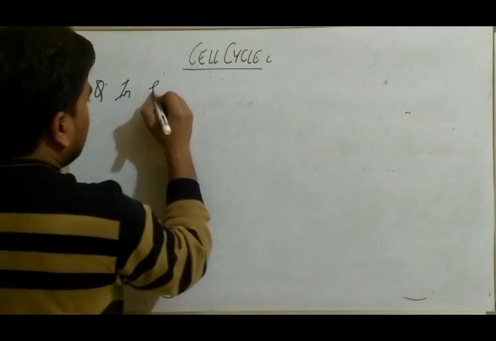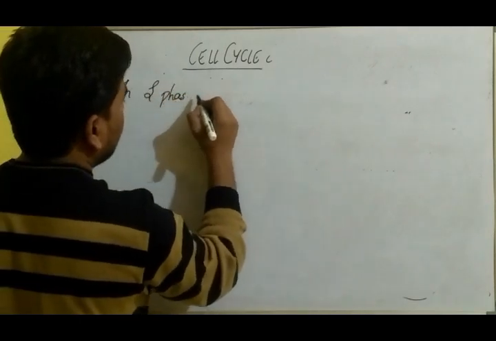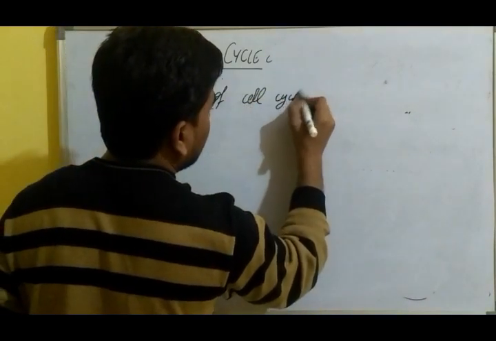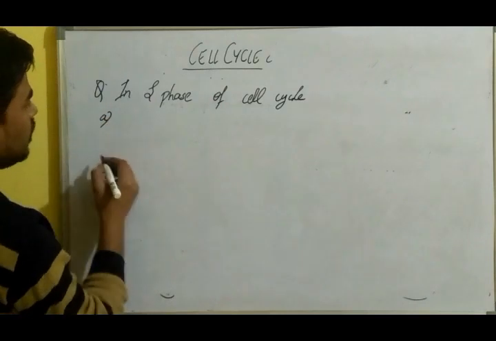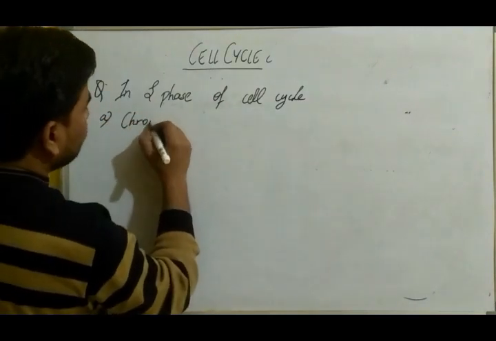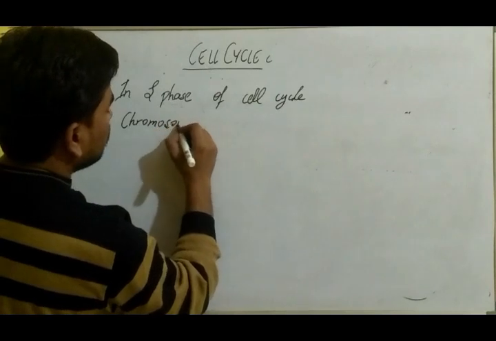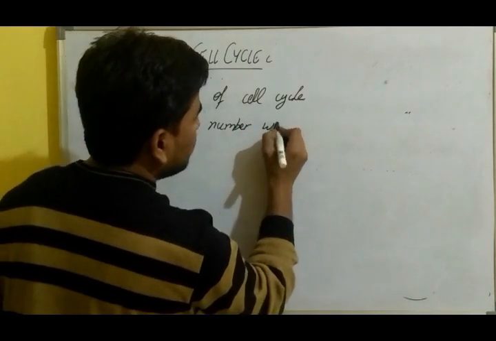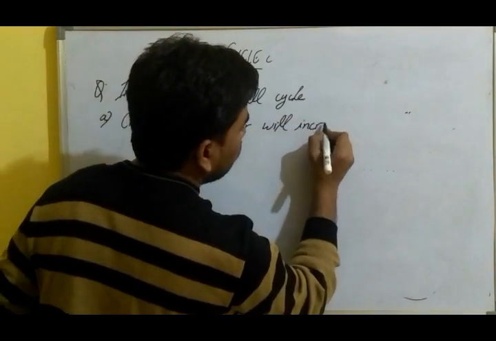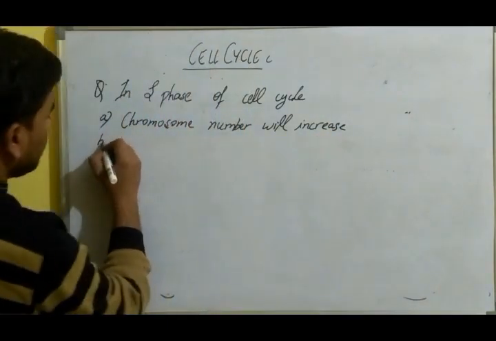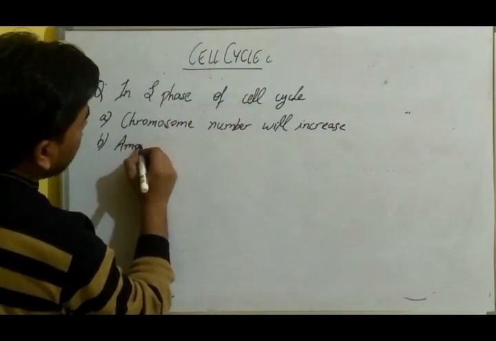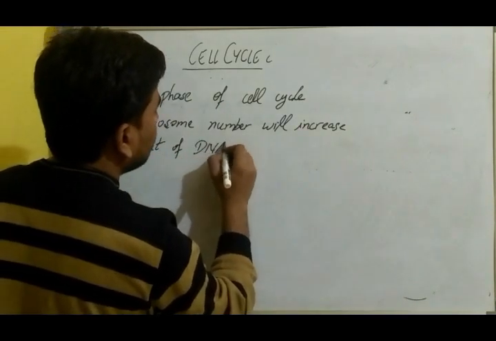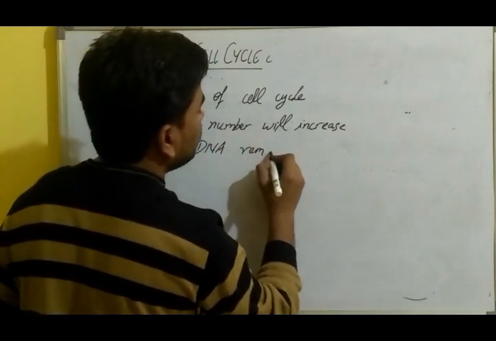In S phase of cell cycle, option A, chromosome number will increase. Option B, amount of DNA remains the same.